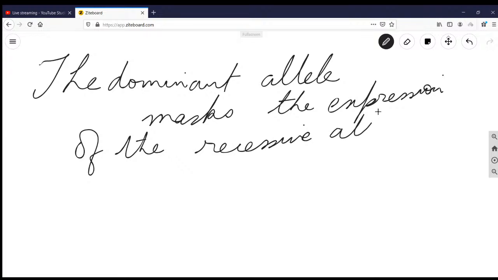That is the function of the dominant allele. Then they say, as per another definition, that the allele whose expression is masked is known as the recessive allele. But does it really mask the expression? As per the definition, it is fine. But what about conceptually? Does it really mask the expression?